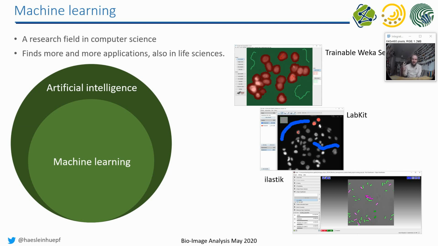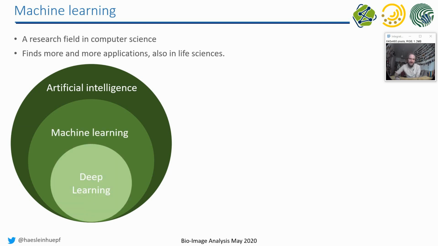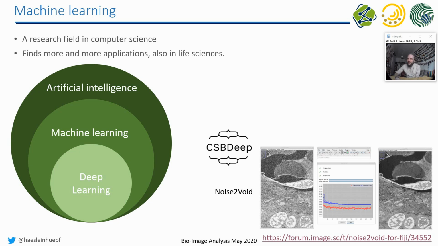There's a difference between what researchers in computer science do and what people like me, image analysts or biologists, can use. Furthermore, a subfield of machine learning is deep learning, and that's even more researchy. So also here there are some plugins coming up for the applied scientists who just want to use it.